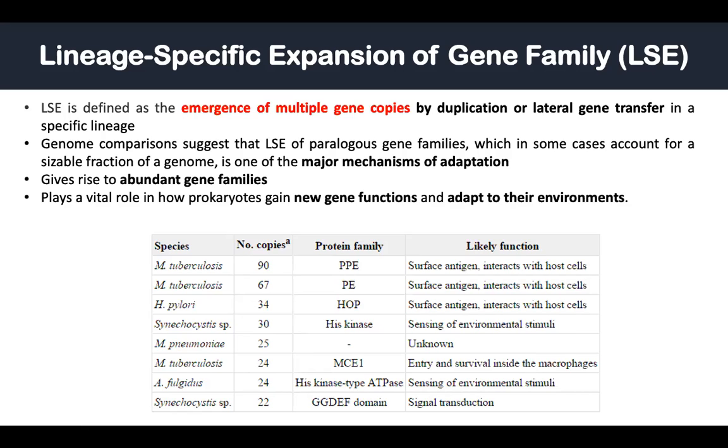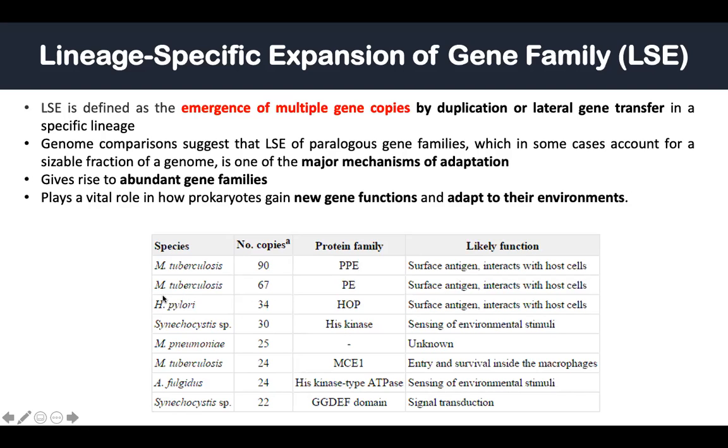These genes function differently. The likely function of this PPE protein family is as a surface antigen that interacts with host cells. Each of them may have different ways of interacting with host cells, or they may have different receptors or catalytic mechanisms and interact with the host cell a bit differently.